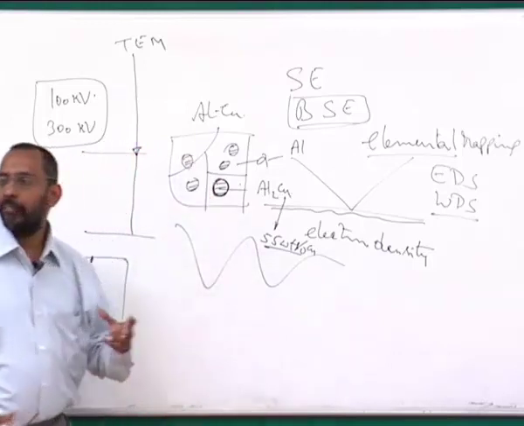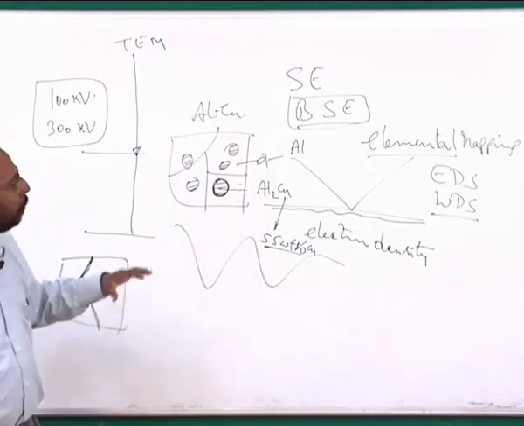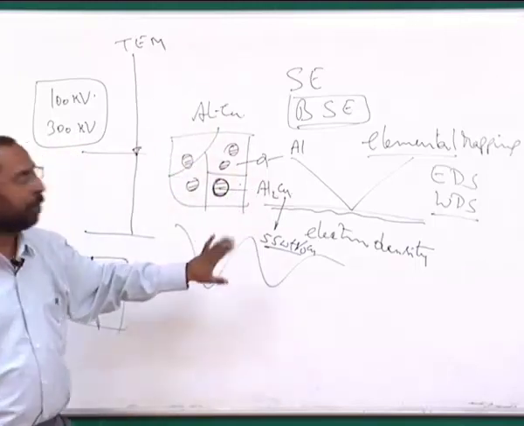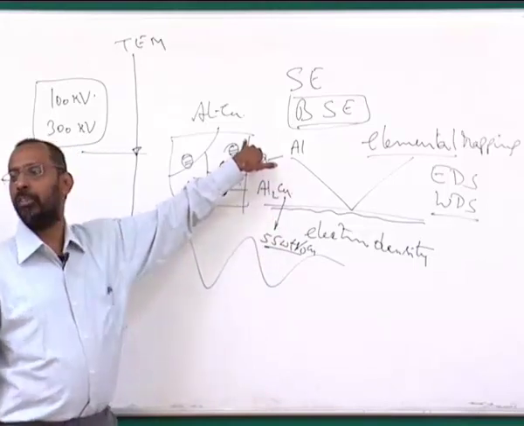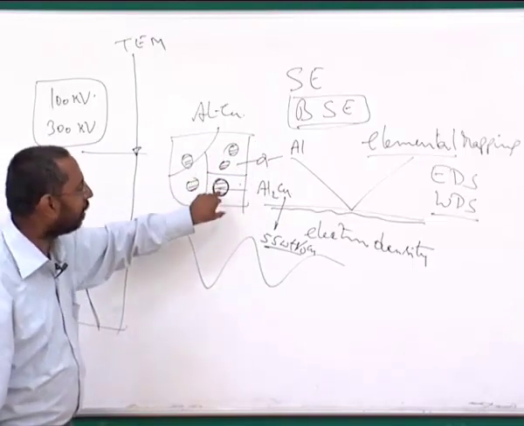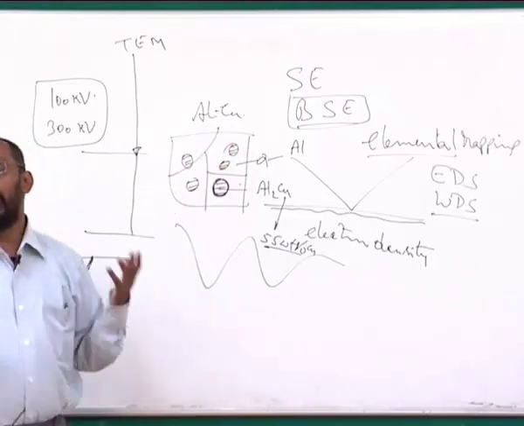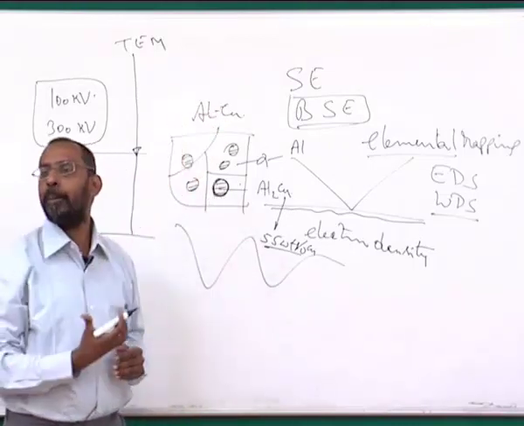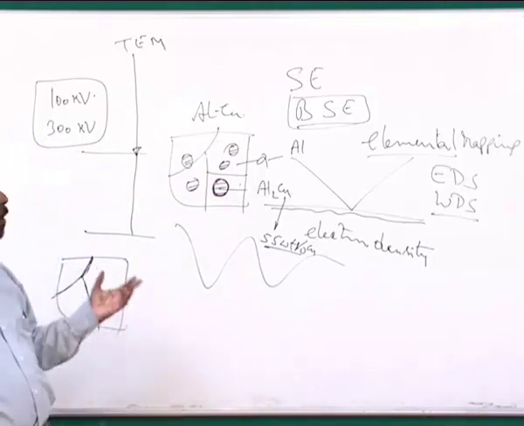So that is how I can find out, yes, the copper is distributed here. And if I do aluminum mapping, you will see, because the aluminum content of these regions is lower than the aluminum content of the rest of the region, because this is only having about 45% of aluminum, whereas the rest of it is almost 100% aluminum, I will be able to see that this region will have a lower intensity of aluminum, and these regions will have a higher intensity of aluminum, and I can make out that this is nothing but a phase with a lower aluminum content and a higher copper content, whereas the other phase is having a higher aluminum content and a lower copper content.